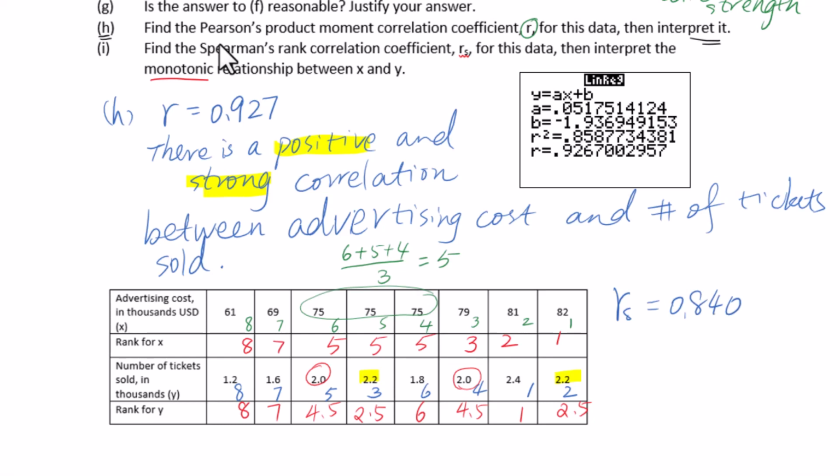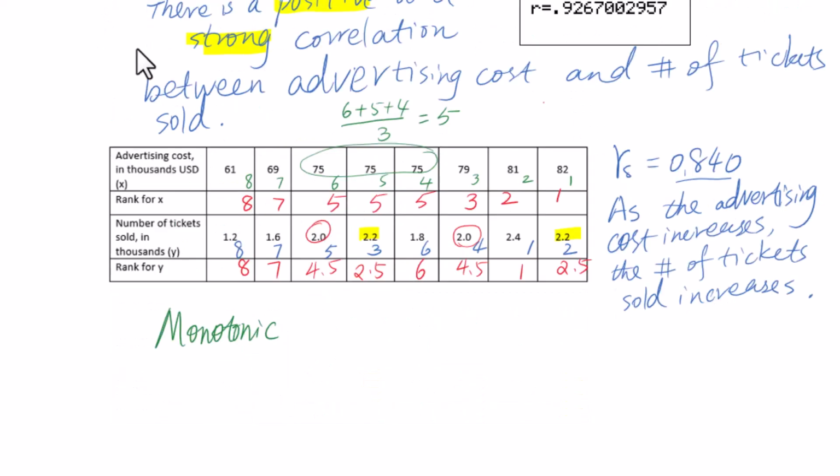We need to interpret the monotonic relationship between x and y. If Spearman's rank correlation coefficient is positive, as x increases, y increases.